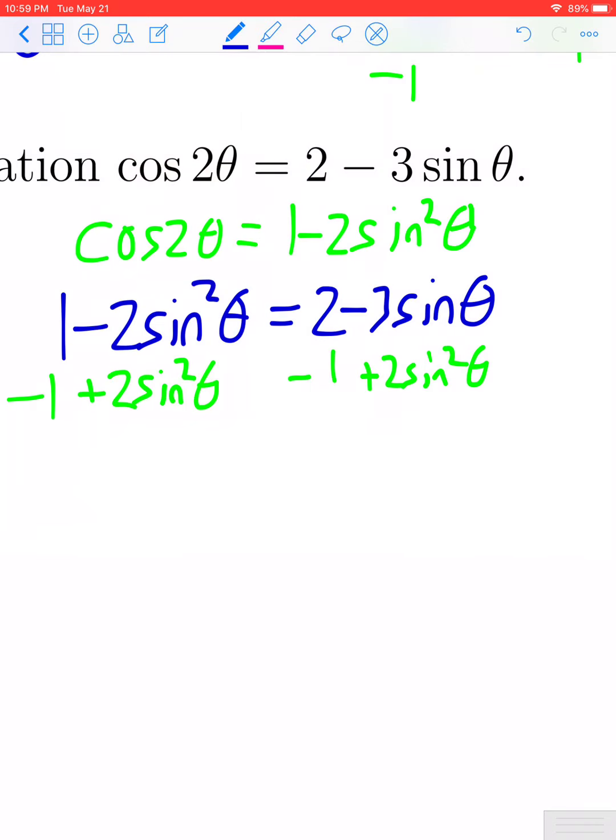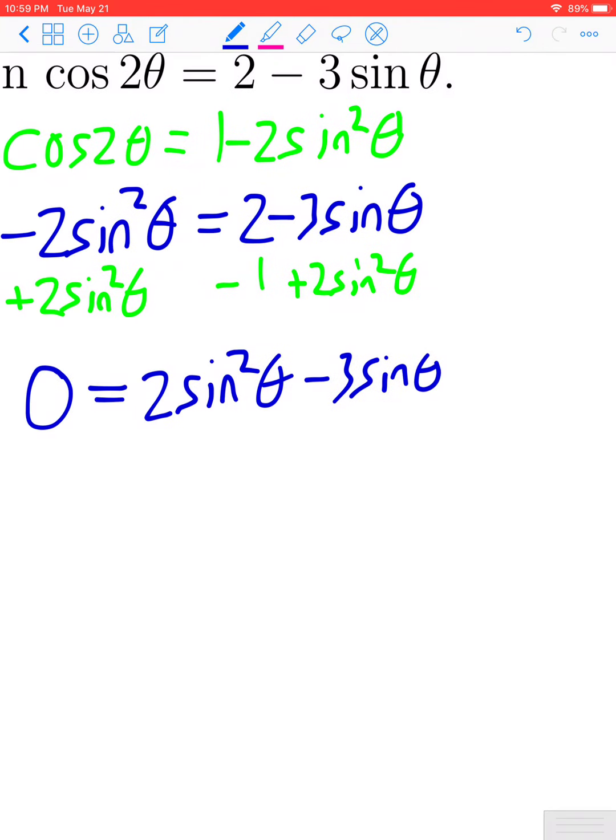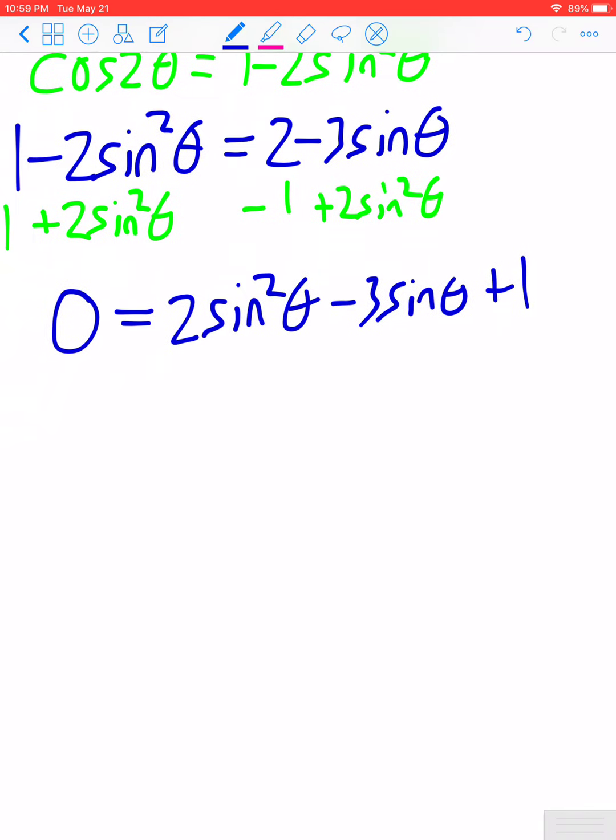If we do this, the left-hand side is going to be 0. And writing it in standard form, this is going to be equal to 2 sine squared theta minus 3 sine of theta, positive 2 minus 1 would give us positive 1. And we have this quadratic equation in the variable sine theta.